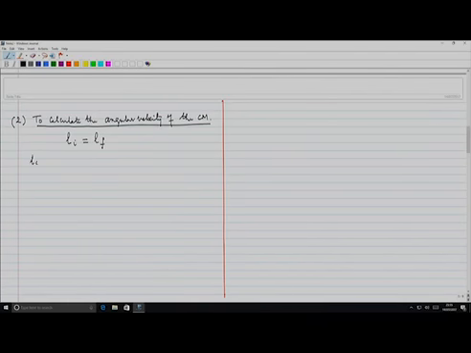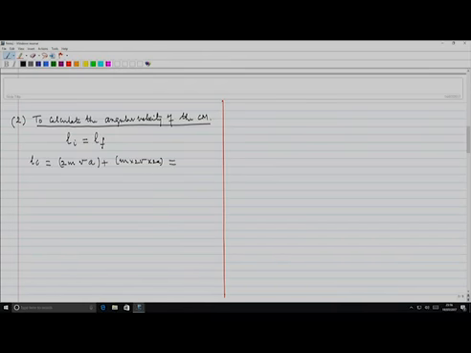Therefore, what is Li? Li is equal to 2m, that is the mass, times velocity times a, plus little m times 2v times 2a, is equal to, what will be this value?